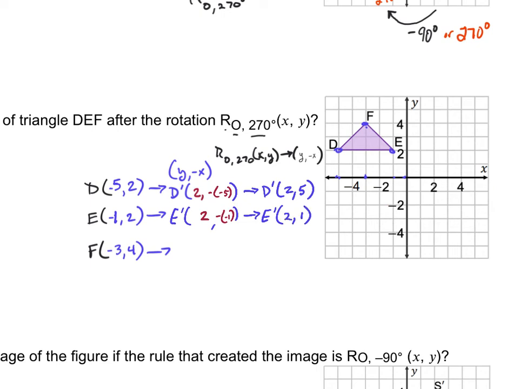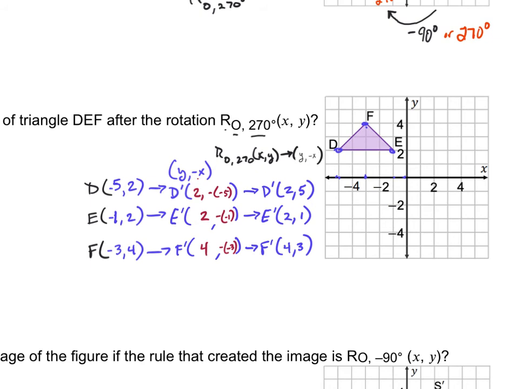And then lastly here we have my F prime, and that is going to be, again, the new x value is the old y value, and the old y value is 4. The new y value is going to be the negated x value, which is 3, and therefore we end up with F prime is (4, 3).